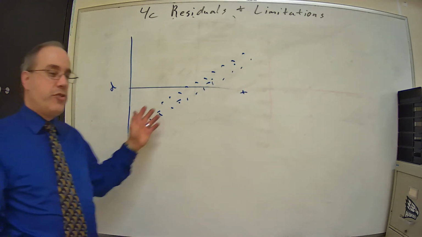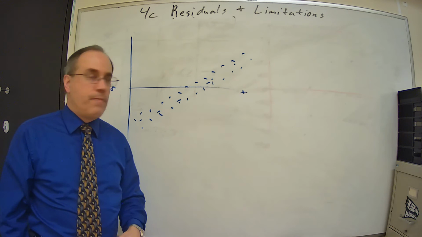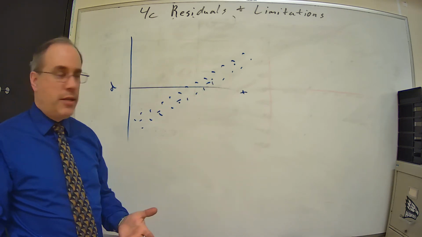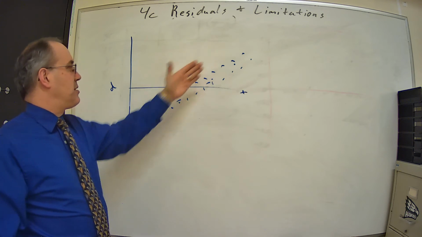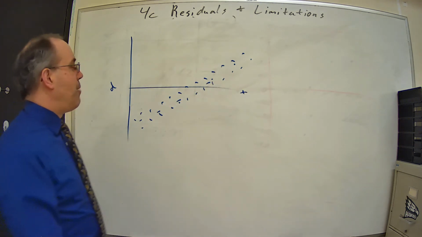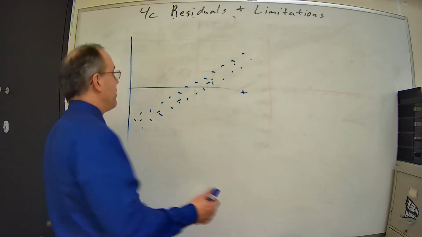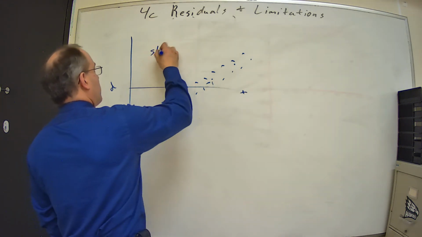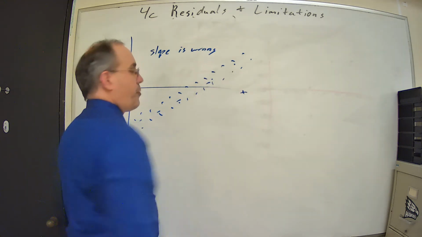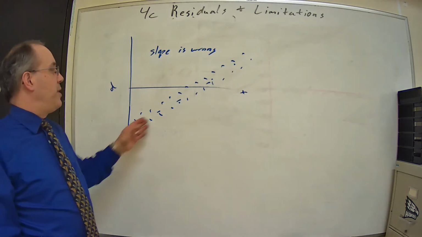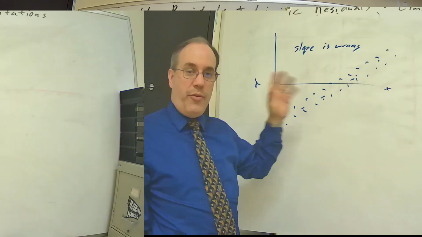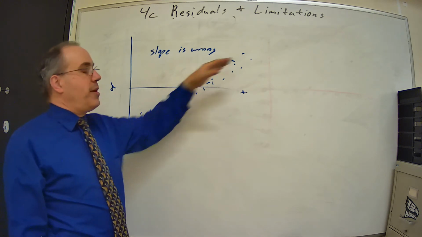If I have a residual plot that looks like this, it's centered about the x-axis, but it's slanted. That tells me that my slope is wrong. On my regression equation, my slope is wrong. I'm centered nicely, which means that my y-intercept's okay, but my slope is off.